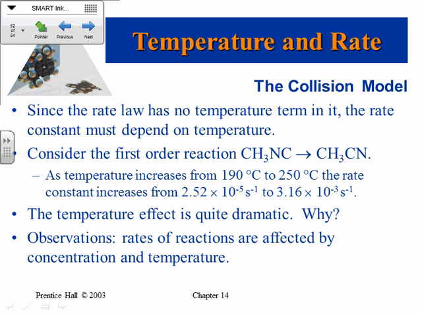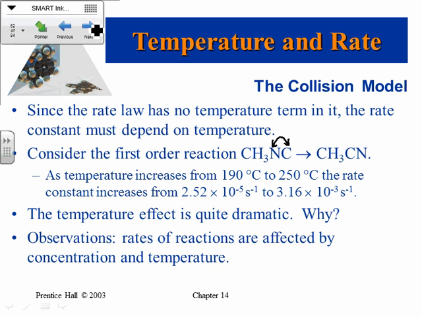I think that's what I just said. I get ahead of myself sometimes here. Yeah, the rate constant must depend on temperature. So an example of this is the reaction CH3NC to CH3CN. Kind of looks like the same thing, doesn't it? But what's actually happening here is these two are switching places in the molecule.